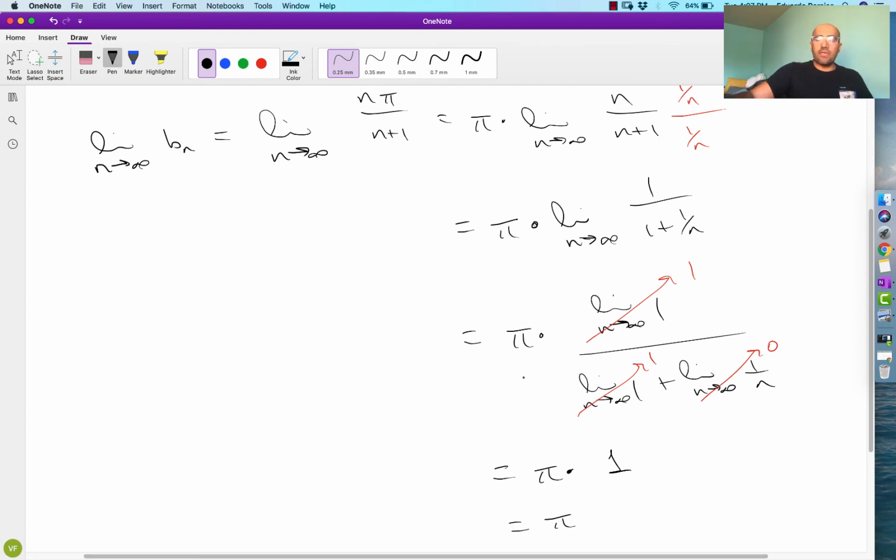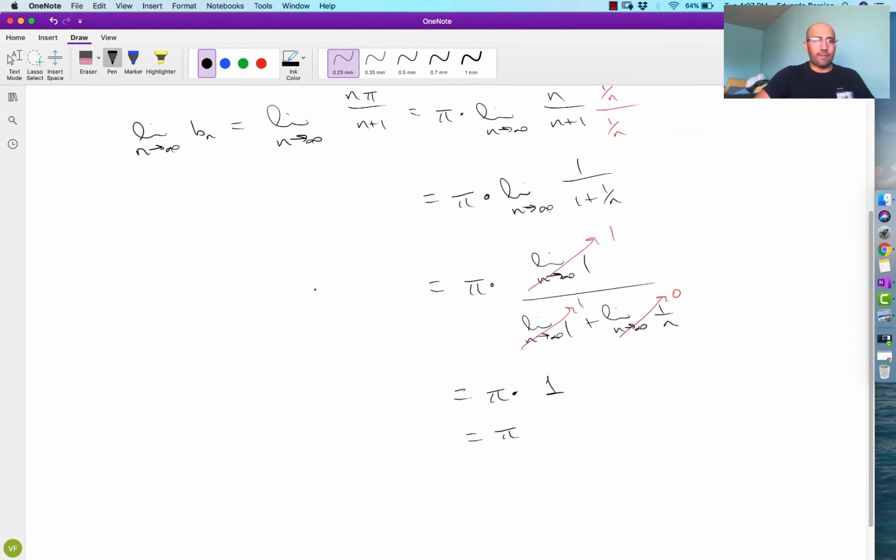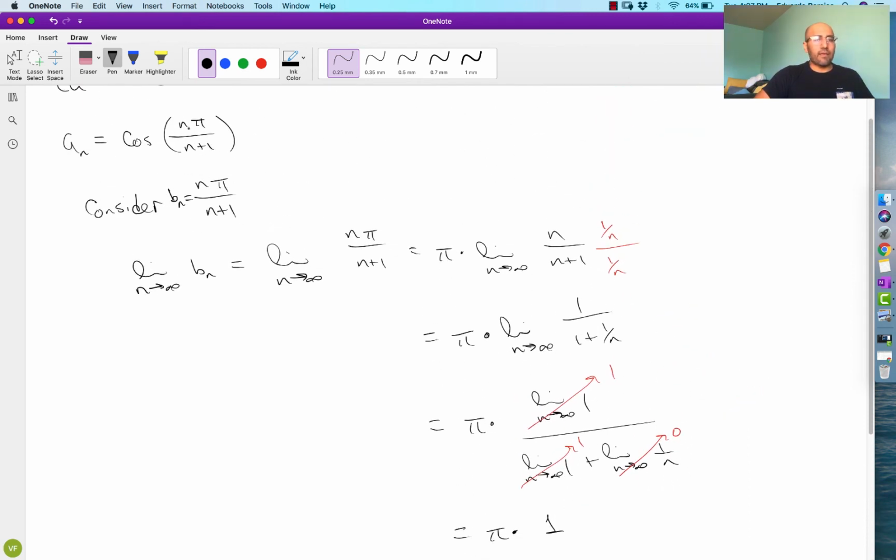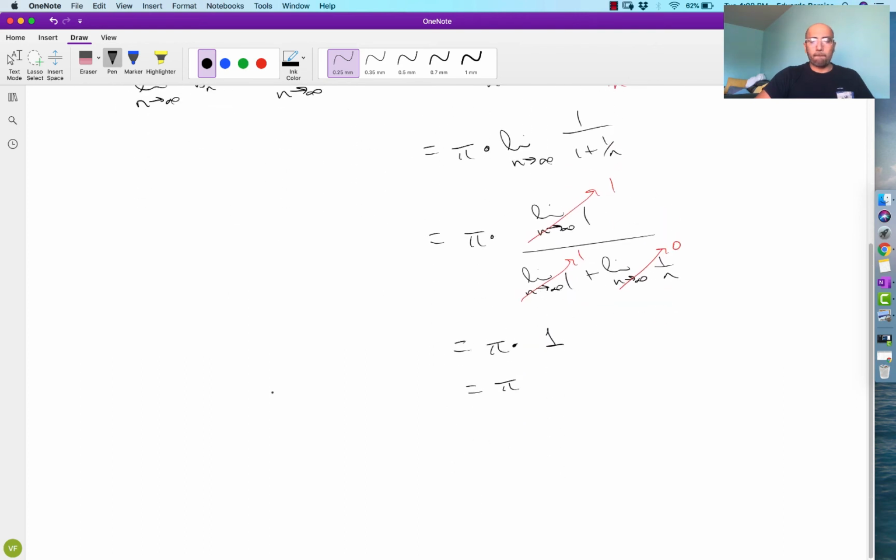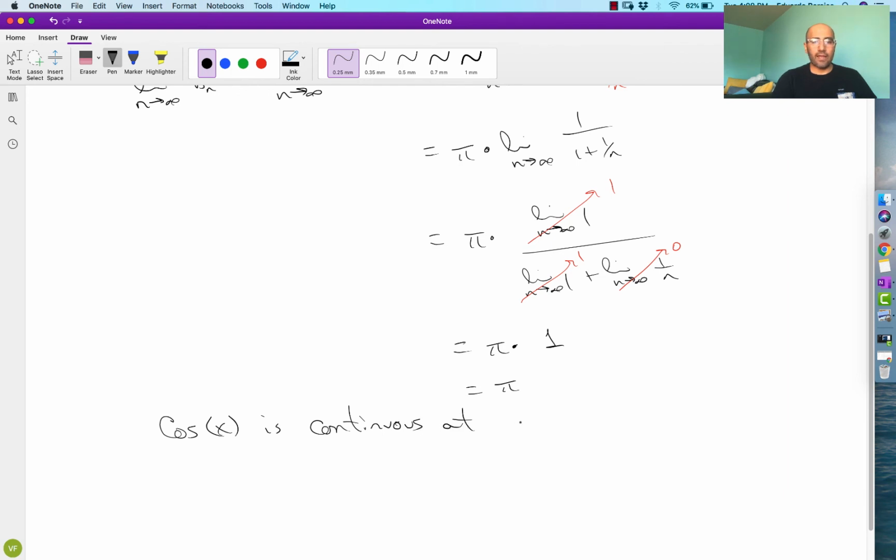Okay, so we've established that the limit, as n goes to infinity, of the inside part here converges toward pi, and we know that cosine is continuous as a function at pi. So cosine of x is continuous at x equals pi.